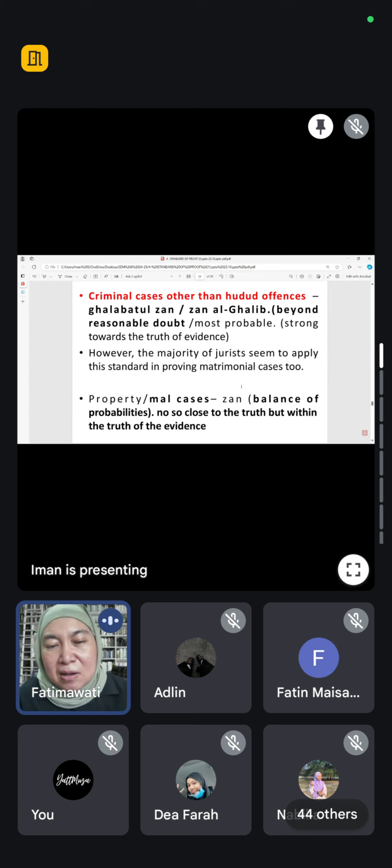However, majority of the jurists seem to apply the same in matrimonial cases lah. Tapi selalunya kita guna balance of probabilities. So kalau kes-kes mal, it is on the balance of probability, maksudnya dia not so close to the truth tapi within the truth of the evidence. Hampir-hampir tapi not exactly, tapi hampir-hampir. Okay, next.